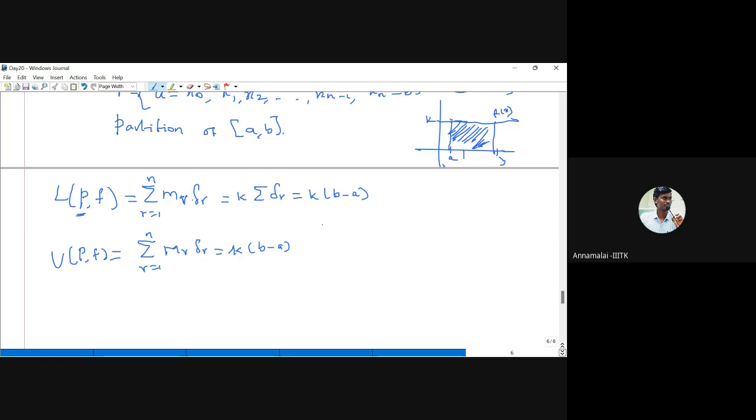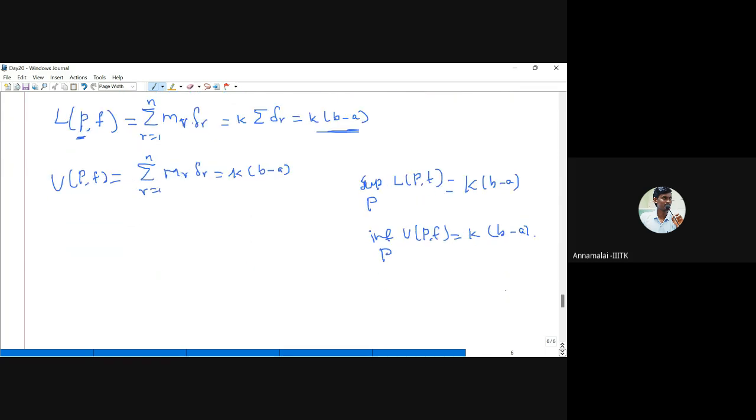If you take the supremum of all lower sums of f, this is always a constant, not depending upon the partition P. Therefore the supremum is also k into b minus a. Again, if you take the infimum of all the upper sums for any partition P, you will get the same thing because everything is constant. So both exist and both are equal.